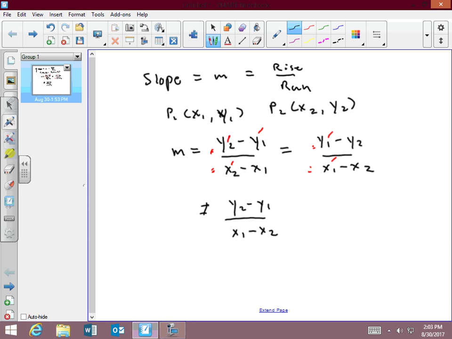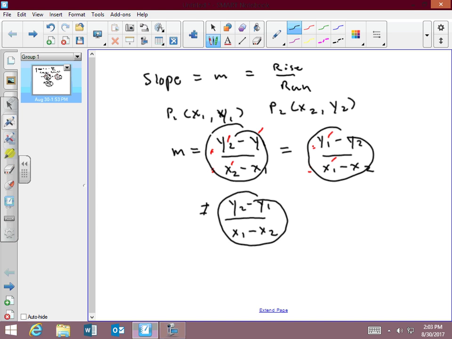What would happen is the sign of this whole thing would be opposite the sign of these 2. So if you had a positive slope, and you did it this way, you'd end up with a negative slope. Likewise, you can't do y1 minus y2 and then do x2 minus x1. Both of those are incorrect. Those are typical errors that people have.